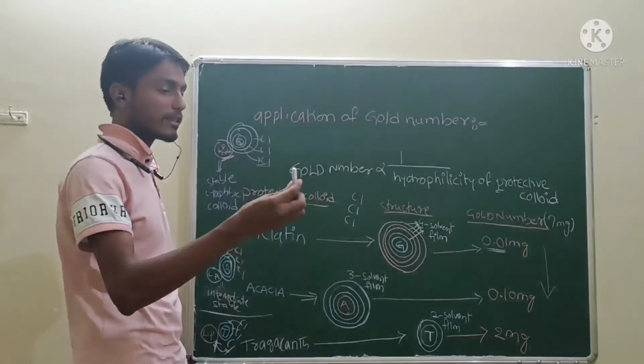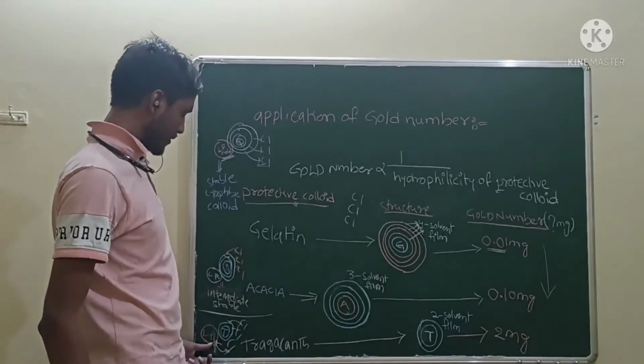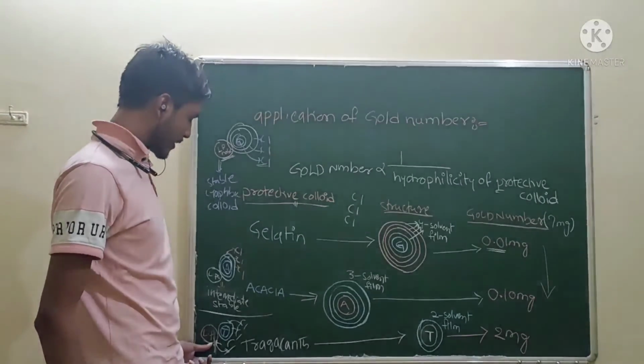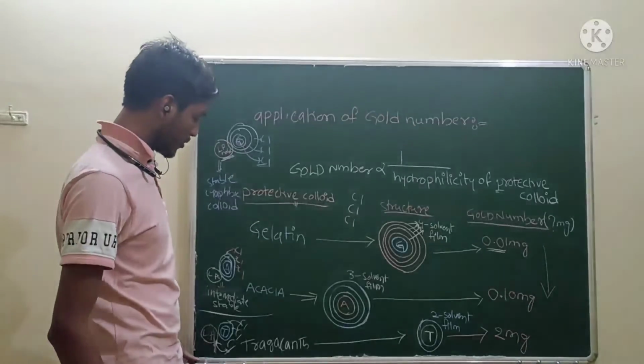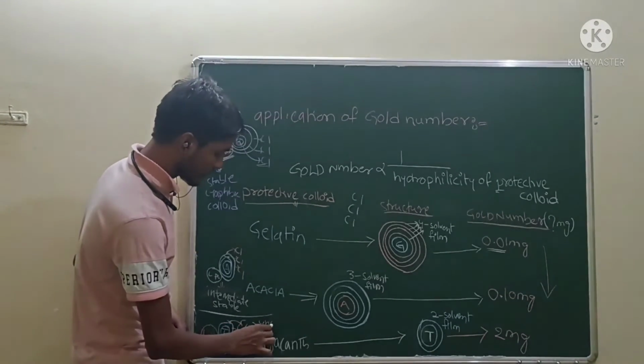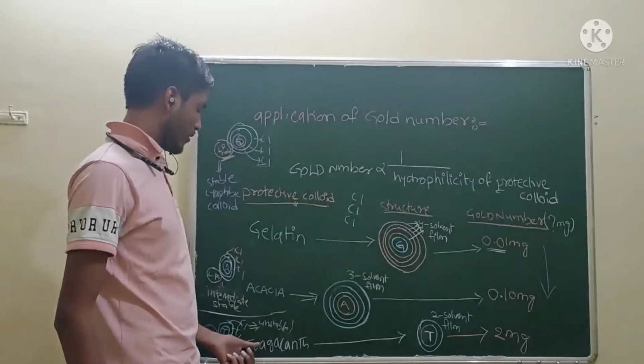That third chloride is interacting with the lyophobic particle. Now it is unstable. An unstable colloid is formed with tragacanth.